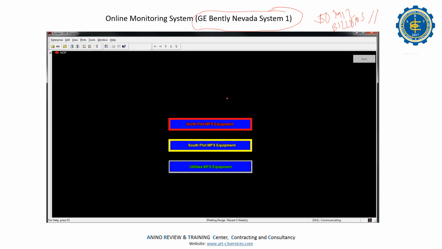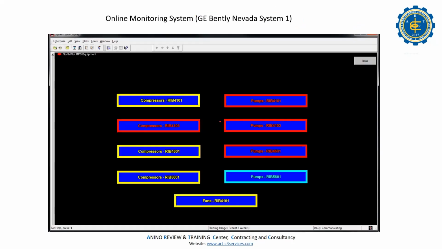So in Saudi, we have North Plant, we have South Plant, and utilities. If you click North Plant, this will be the inside of the North Plant. See? They have this compressor.